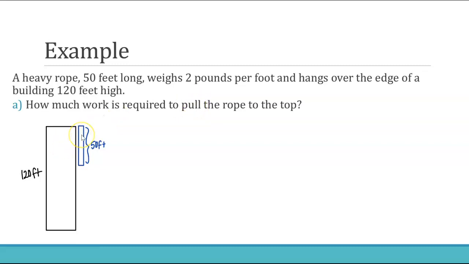The force is changing, because each time we yank a piece of the rope onto the top of the building, the rope is getting lighter. Each foot we pull onto the top, the remaining part of the rope is dropping in weight in pounds. So that force is varying over time.